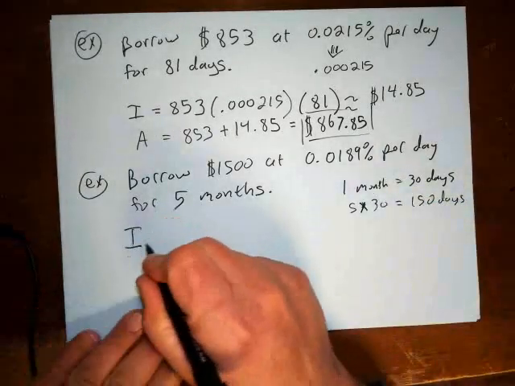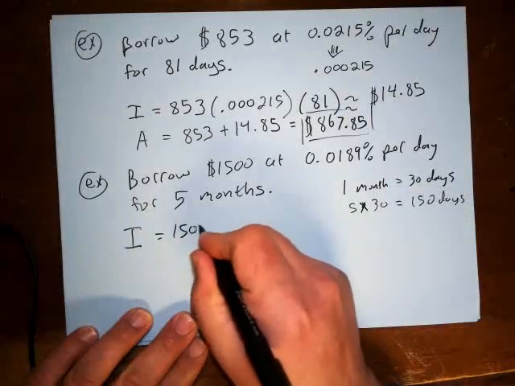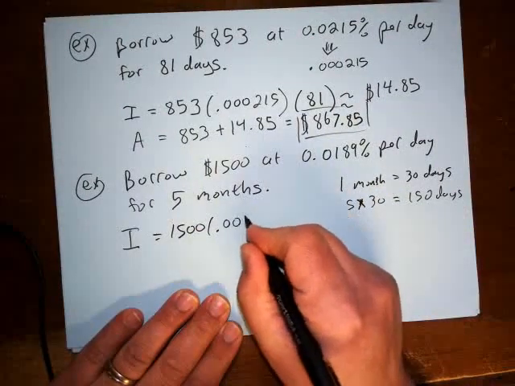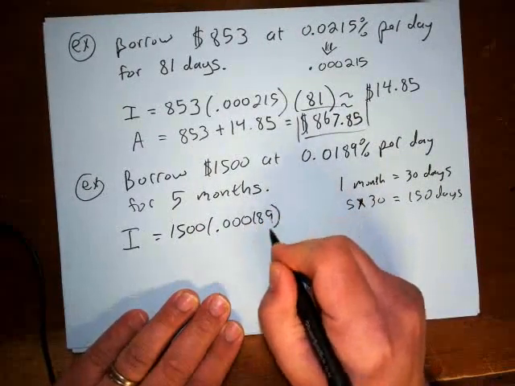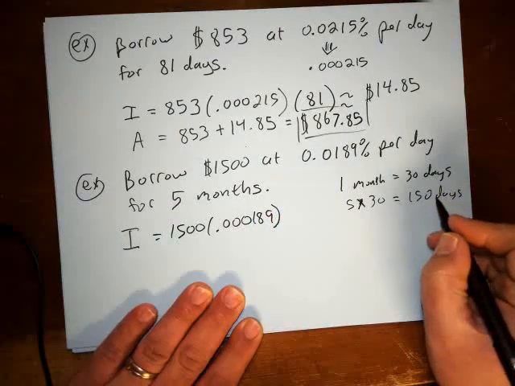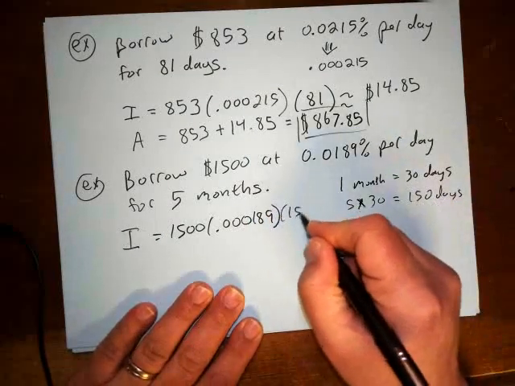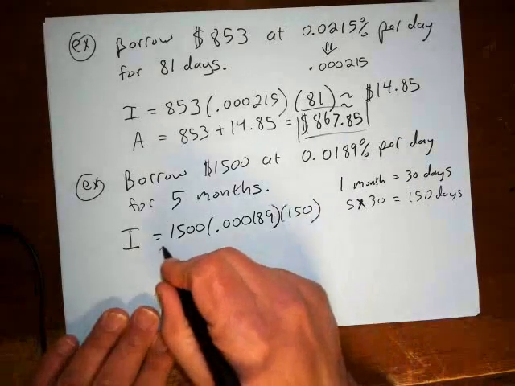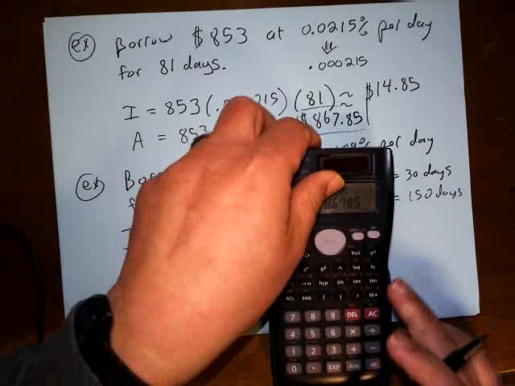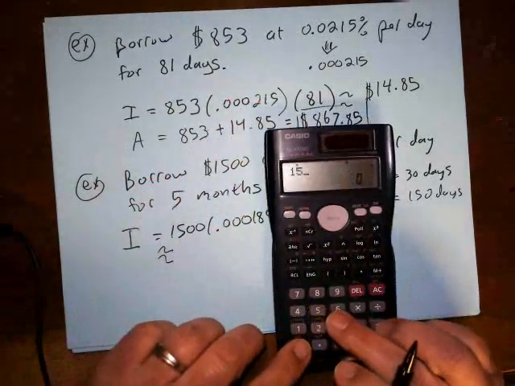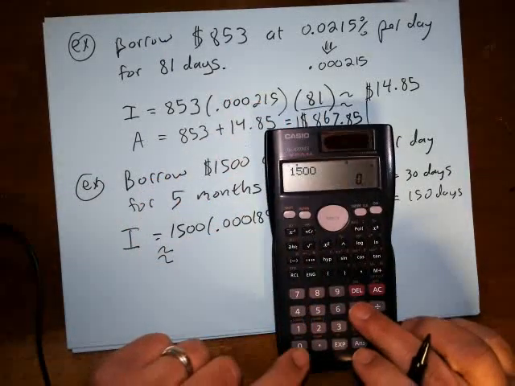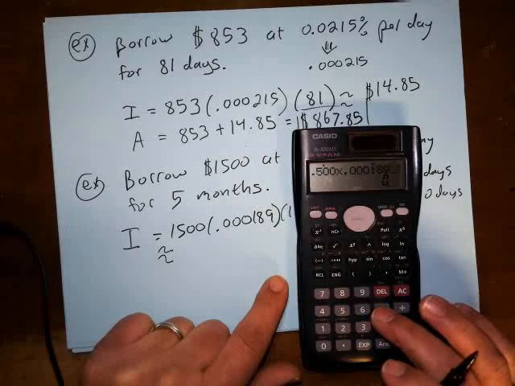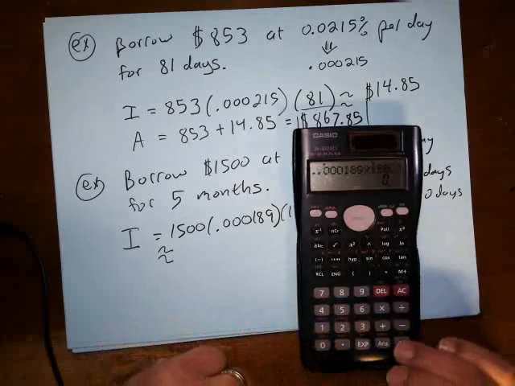And so the interest that I owe would be 1,500. I have to move the decimal point over 2 places. And in this case, 150 days. I just multiply by 150 the number of days. Okay. And I get 1,500 times 0.000189 times 150.